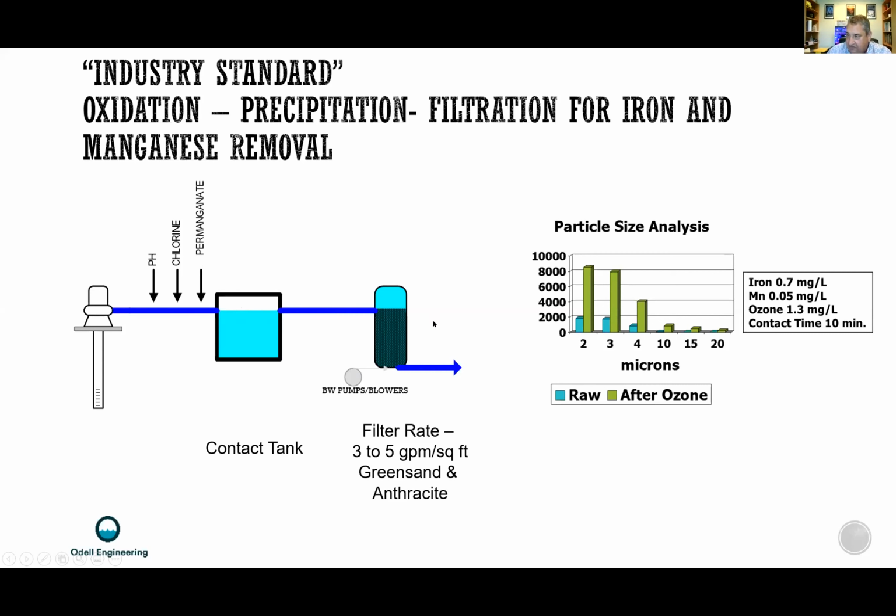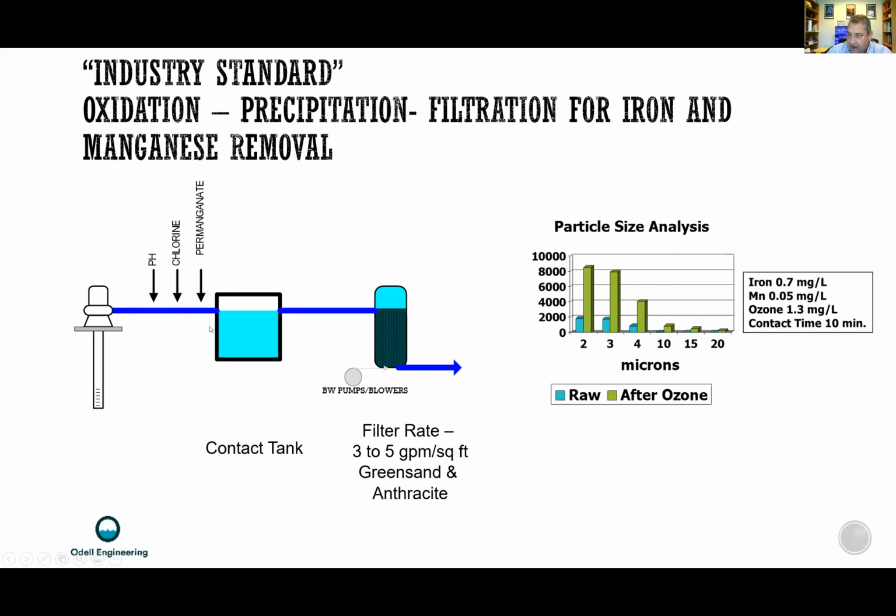The size of the filter is independent of anything other than a filter backwash rate. So they look at 3 to 5 gallons a minute per square foot. And a plant like this is pretty resilient, and it can handle a wide range of iron and manganese concentrations.